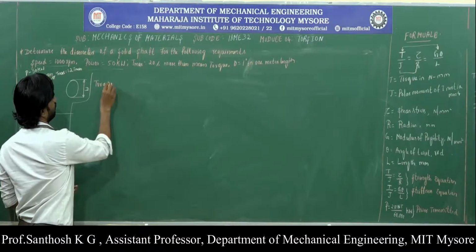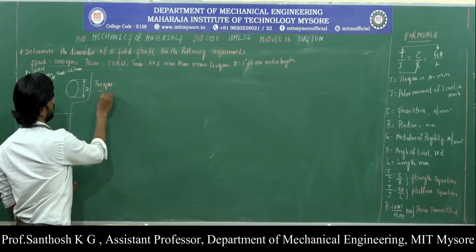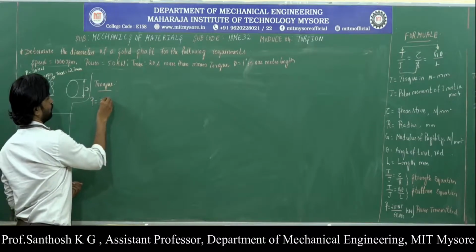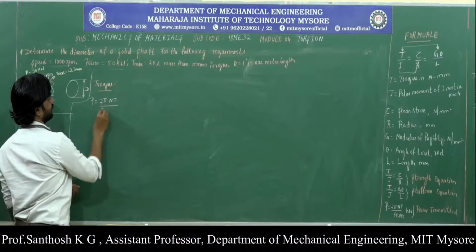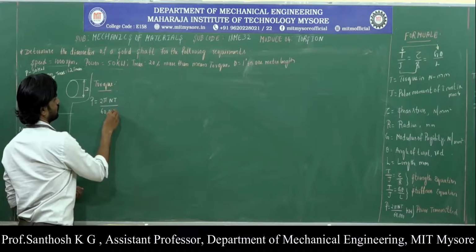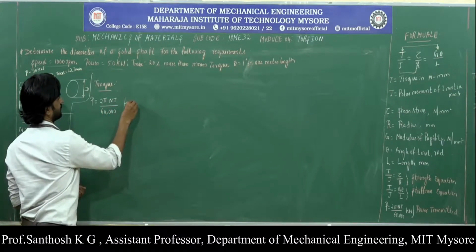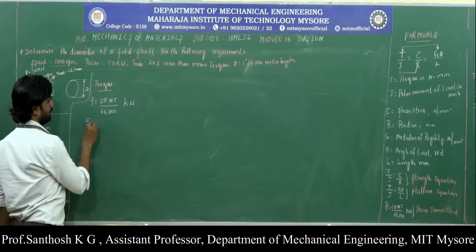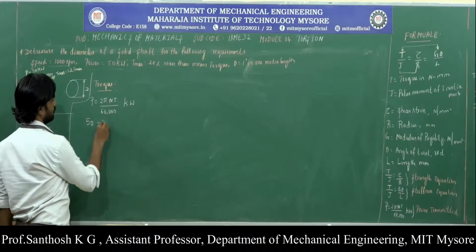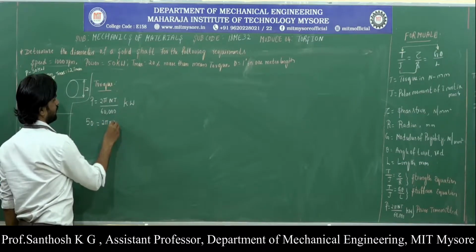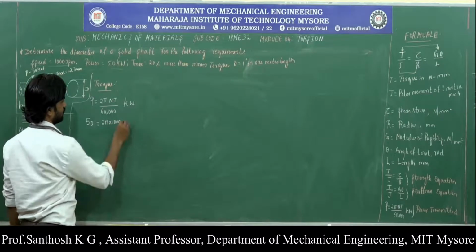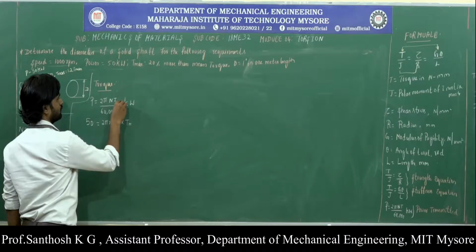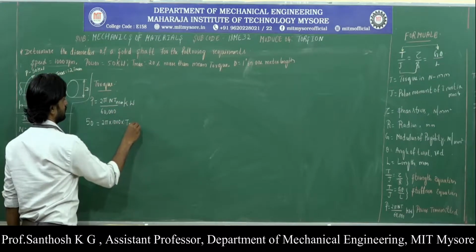In order to find the value of torque, we will be using the power equation. It is P equals 2 pi N T divided by 60,000 kilowatt. What is the value of P given? 50 equals 2 pi. The value of N given is 1000 T. So, whatever the value of T we are going to get here, it represents the mean torque.